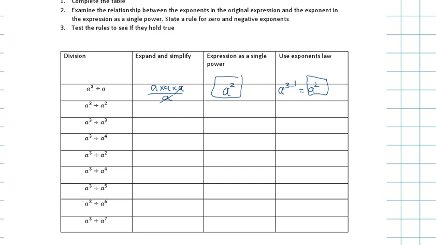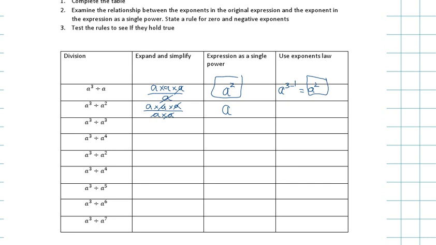So next one is a to the power of 3 divided by a to the power of 2. So that's a times a times a over a times a. If I simplify, what am I left with? A to the power of 1, right? Or just write a.